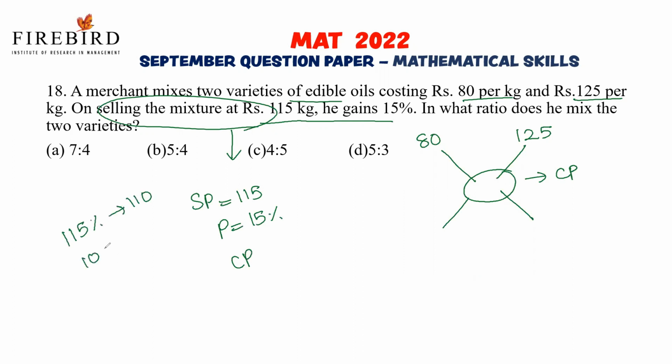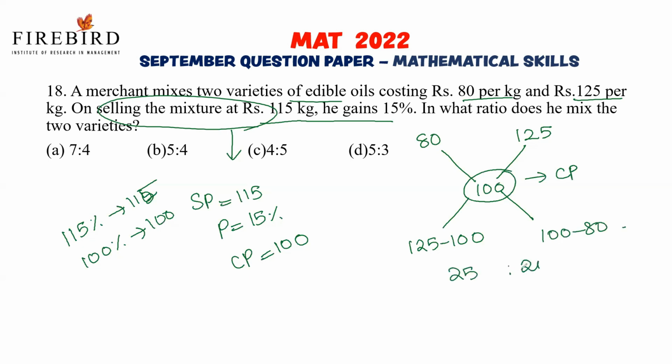Can you tell me what is 100 percentage? It is nothing but 100. So the cost price of the mixture is 100. Now just write 125 minus 100 here, and here it is 100 minus 80. So 25 is to 20. You'll get 5 is to 4 as your answer.